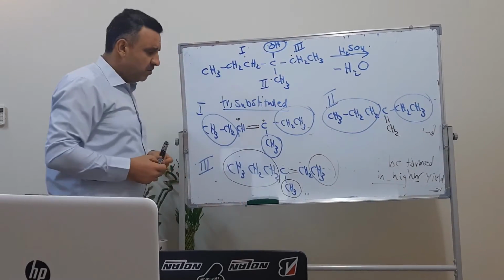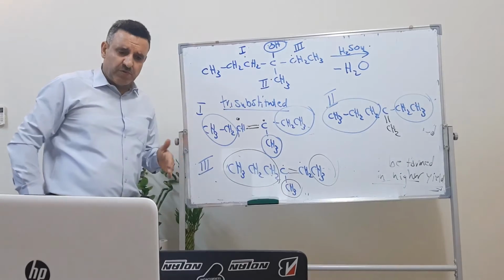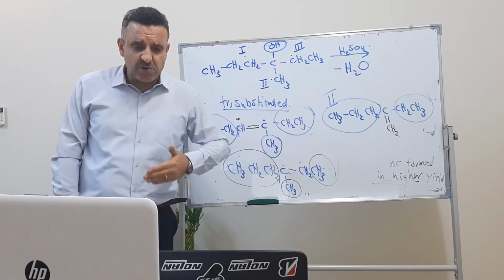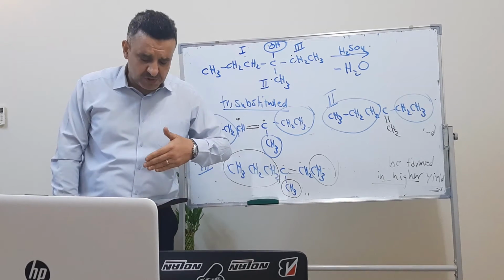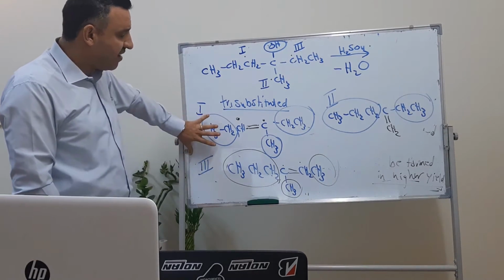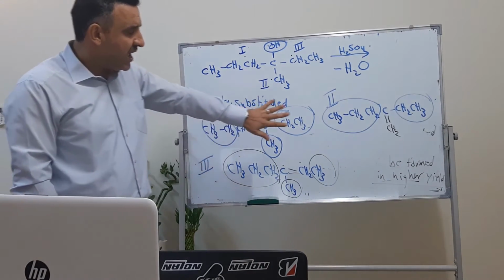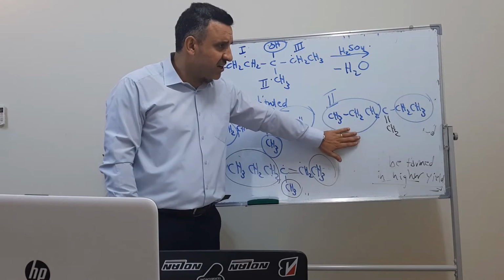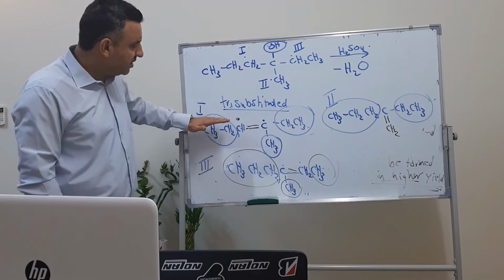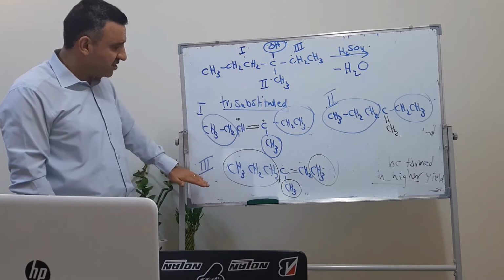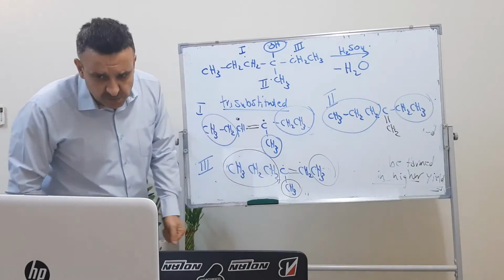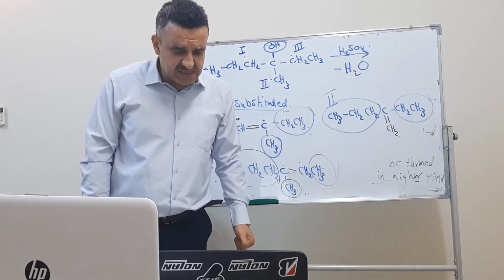So then, according to the Zaitsev rule, we said the alkene which is more stable is the one which has a higher number of substituents, or which is attached to more substitution. You can see structure number 1 and 3 have similar stability, and the least stable structure will be number 2, and therefore we should expect that the reaction will produce 1 and 3 in higher yield compared to structure number 2, because structure number 2 is the least stable one.